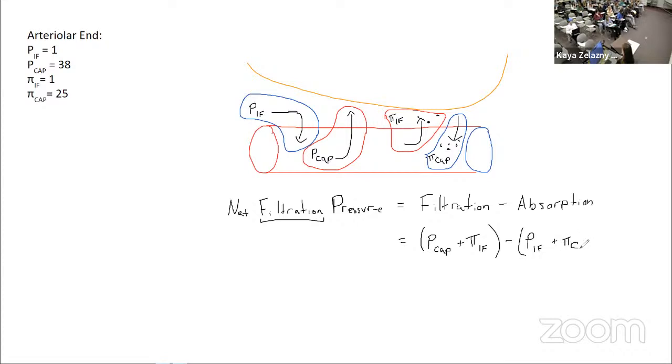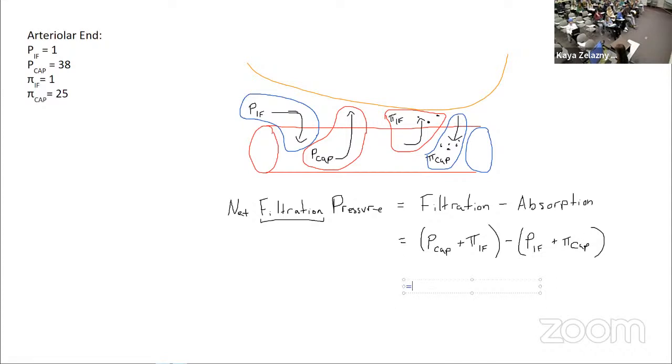We could add together in that same direction pi cap. But remember, when it's in parentheses, this means we'd need to distribute that negative. So this is essentially saying subtract the hydrostatic pressure of the interstitial fluid, then also subtract our oncotic pressure of the capillary. So then we have to do out the math.